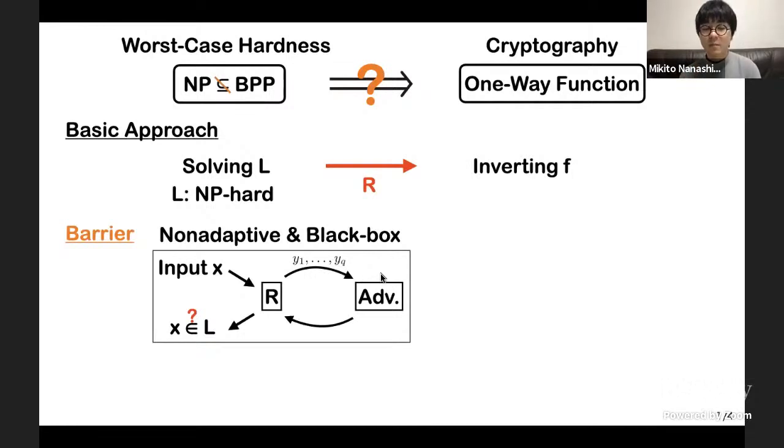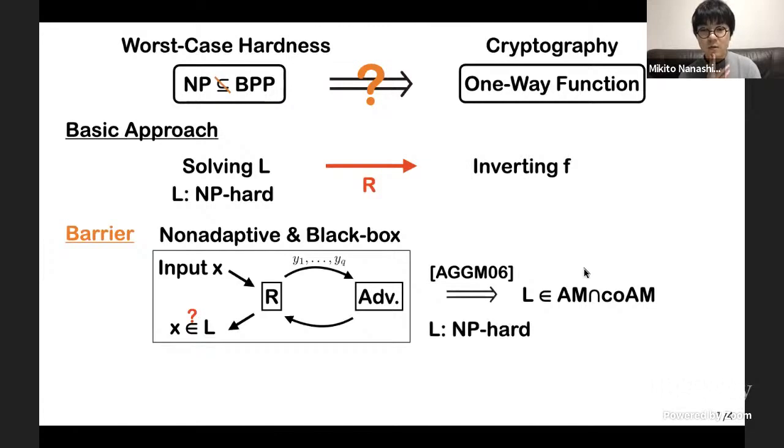This is a very simple and familiar form of reductions. But unfortunately, the previous work showed that if we can get such a simple reduction for this problem, then we can show this result. The point is that if L is an NP-hard problem, then this implies a collapse of the polynomial hierarchy. In other words, under the very reasonable assumption on the polynomial hierarchy, we can exclude such an attempt.